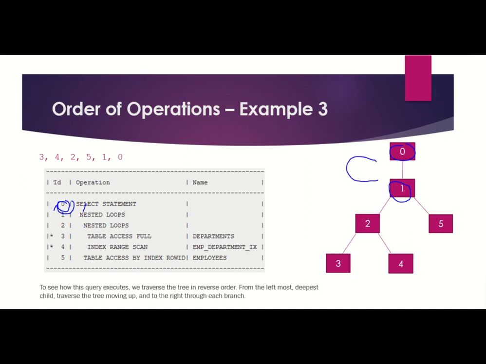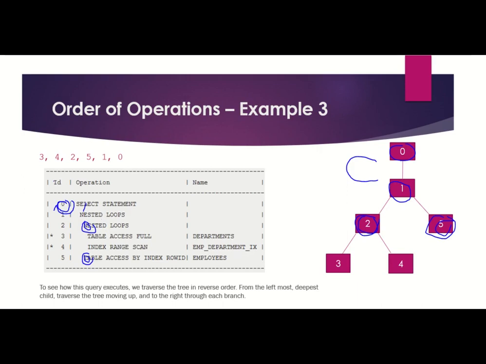So operations 2 and 5 become the children of operation number 1. Since 2 is on the top and 5 is on the bottom, the rule states that I write 2 on the left-hand side and 5 on the right-hand side under operation number 1.